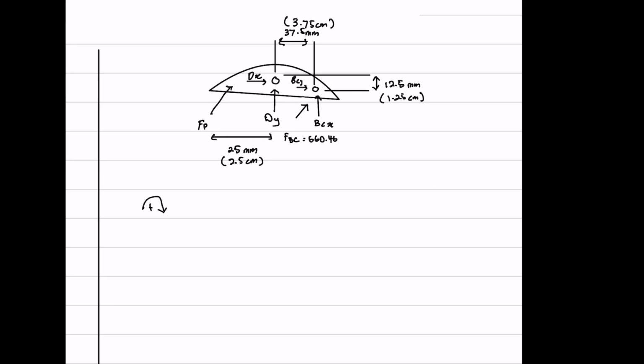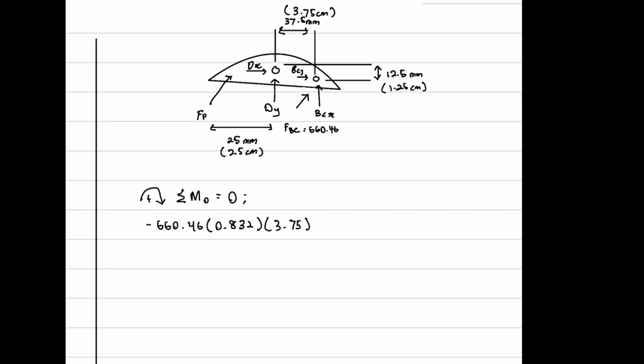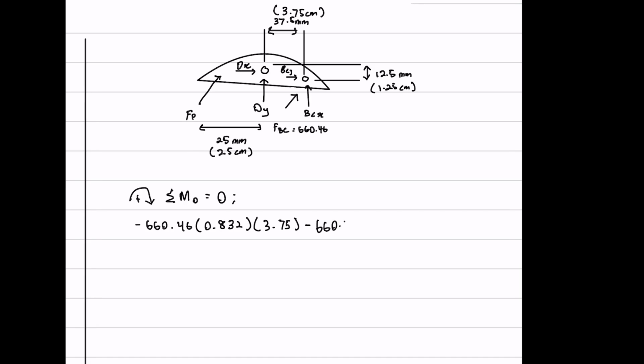Now for the upper part, we assume that to the right is positive, so sum MO equal to 0. So negative 660.46 times 0.832 times 3.75. 3.75 we get from the picture, which is 37.5 mm. We convert to cm. Next, minus 660.46 times 0.555 times 1.25. Also we convert from the picture.